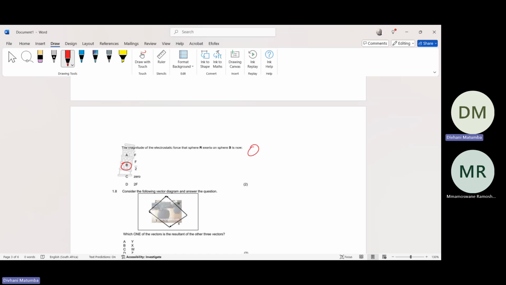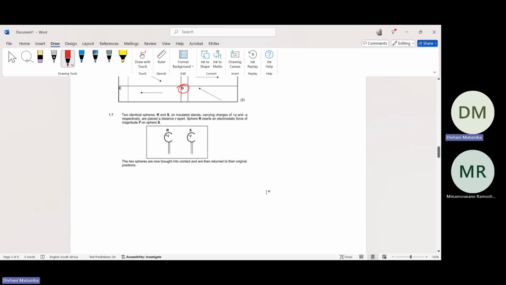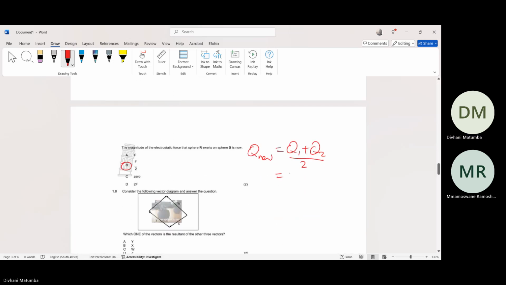Q new is given by Q1 plus Q2 over 2. Our Q1 is plus Q, and Q2 is minus Q, divided by 2. So what do we have? We have 0.